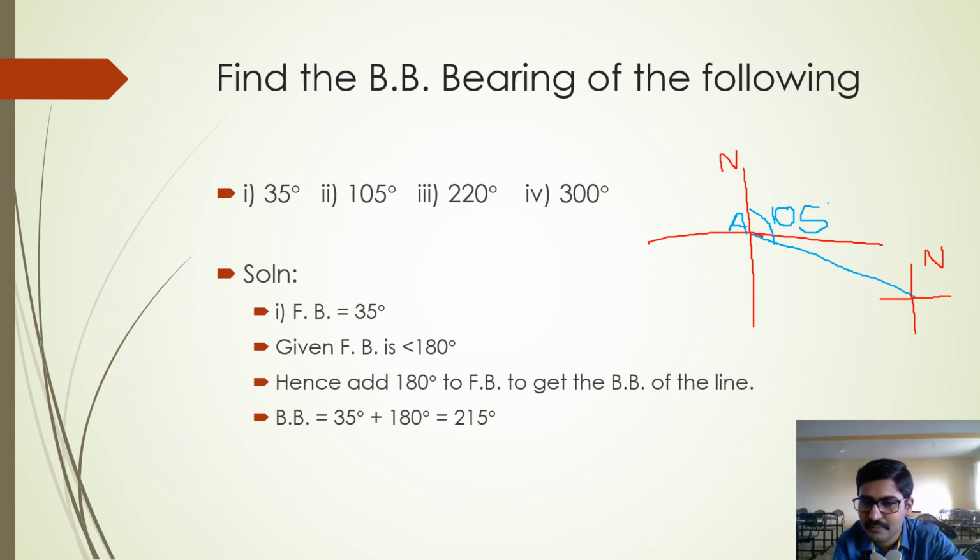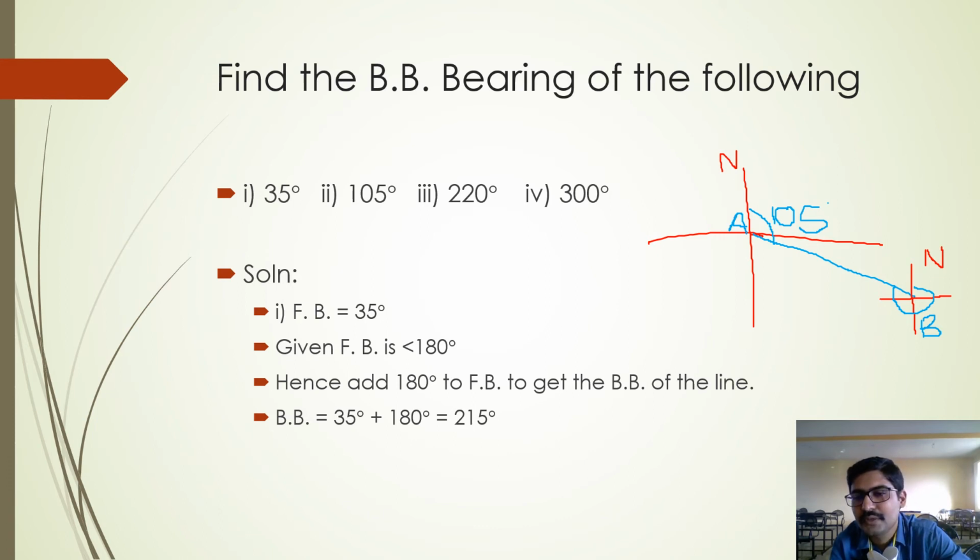So point B, I'm going to show. So for this point B, the back bearing will be this much, isn't it? So this is back bearing of that line. So forebearing is 105, so back bearing will be 105 plus 180 degree.